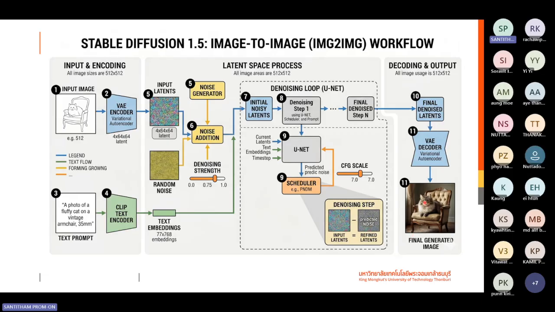So that's how image to image works, right? By combining the embedding, the latent representation of the text, together with the latent representation of the encoded image. So you have image to image guided there.